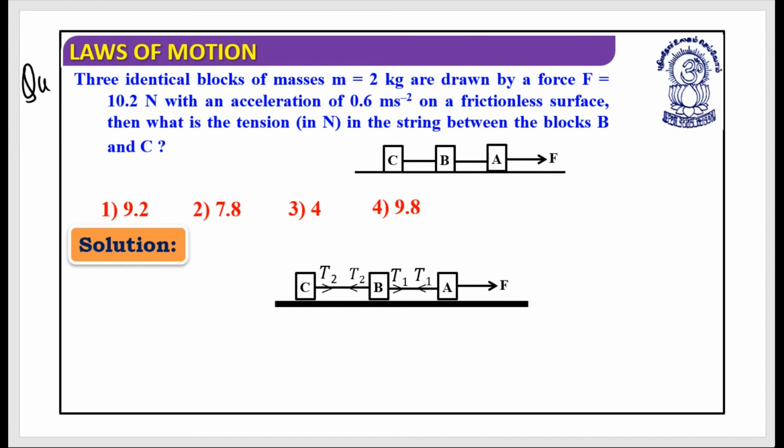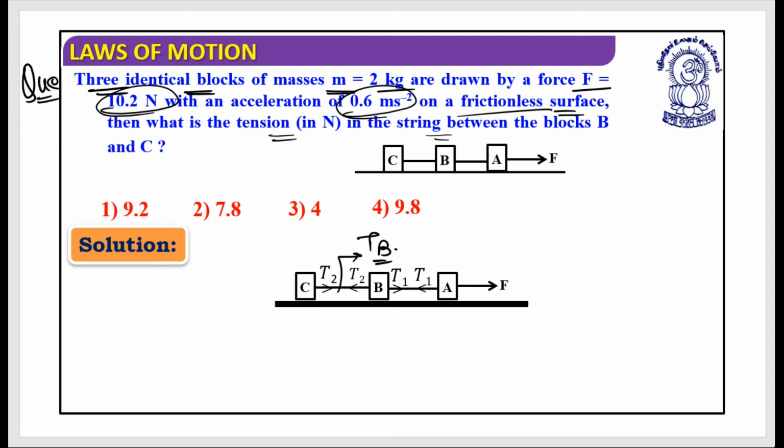It says that three identical blocks of mass m equal to 2 kg are drawn by a force F equal to 10.2 Newton with an acceleration of 0.6 meter per second square on a frictionless surface. Then what is the tension in the string between the blocks B and C? That means you require the tension over here.